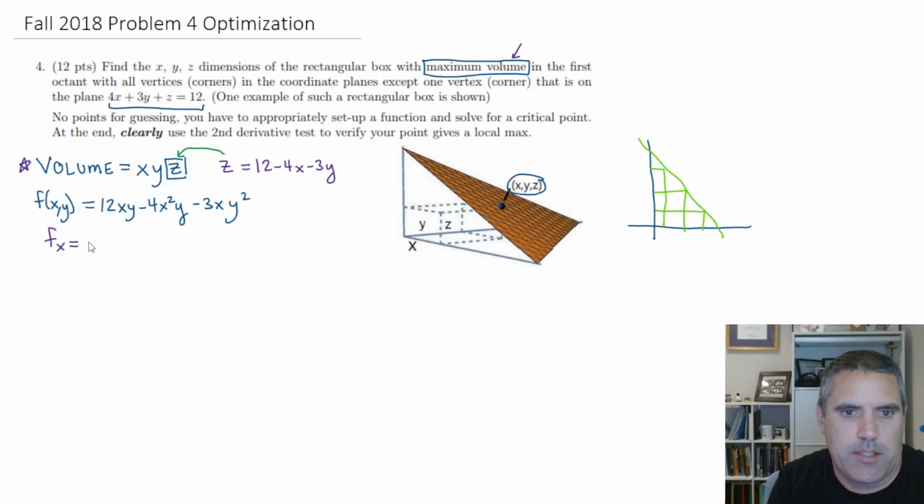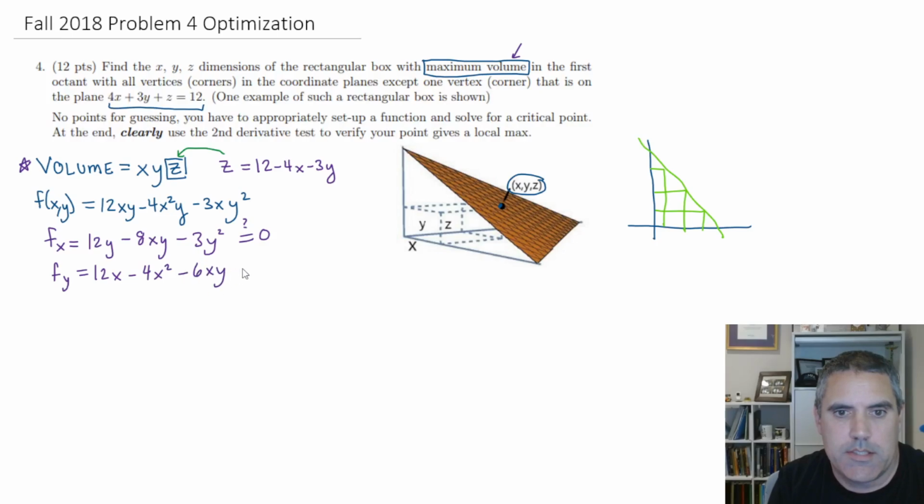Partial with respect to x is 12y minus 8xy minus 3y squared. We want to know when that's 0. Simultaneously, we want to know when this is 0, which is going to be 12x minus 4x squared minus 6xy equals 0.